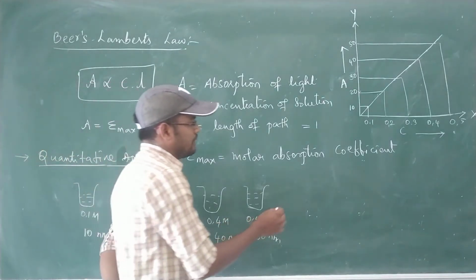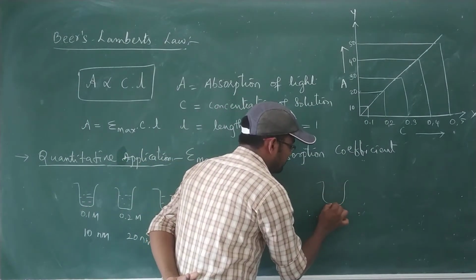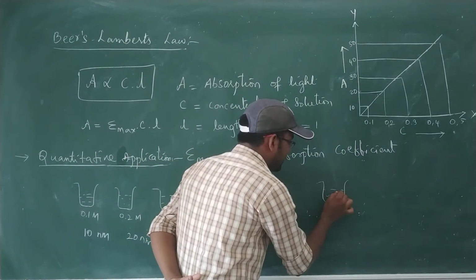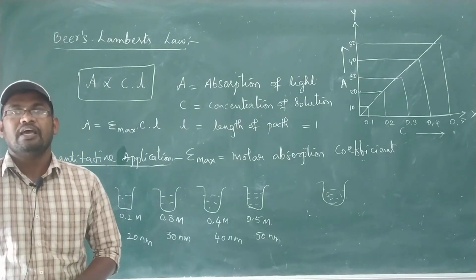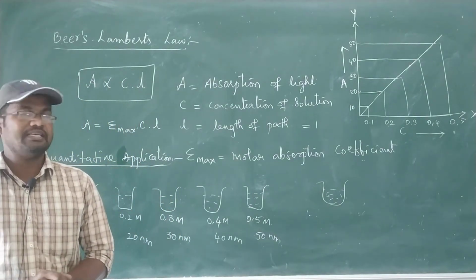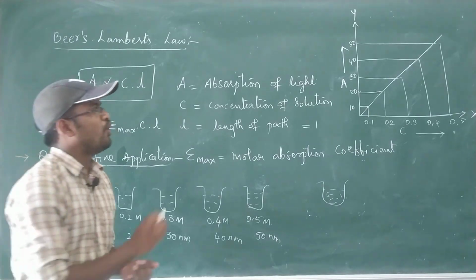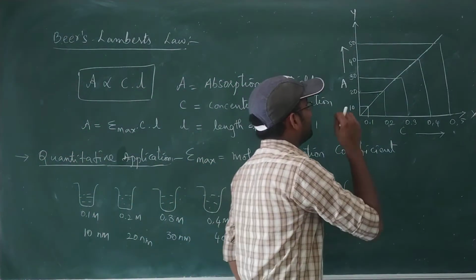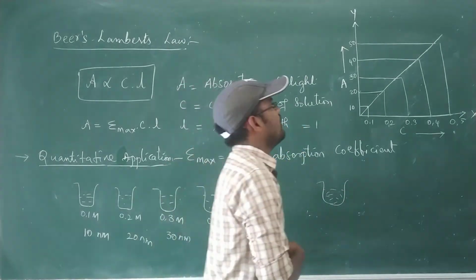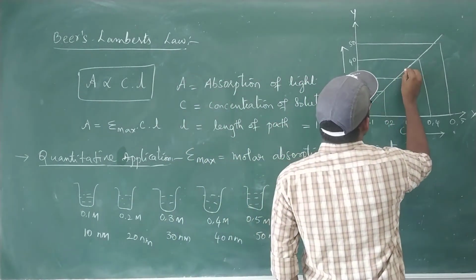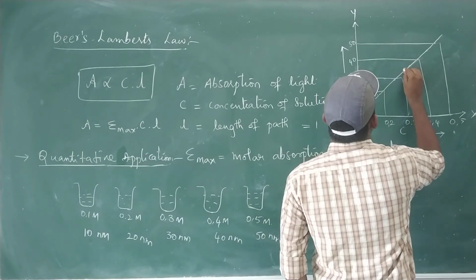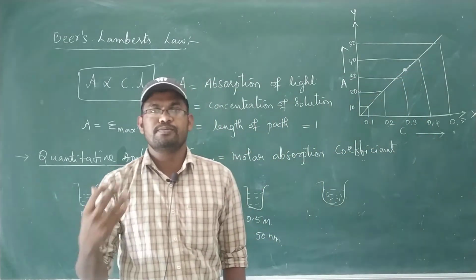That unknown solution is placed in the spectrophotometer or colorimeter, and the resulting absorption is marked on our already drawn graph. Suppose the unknown solution's absorption value is 35.